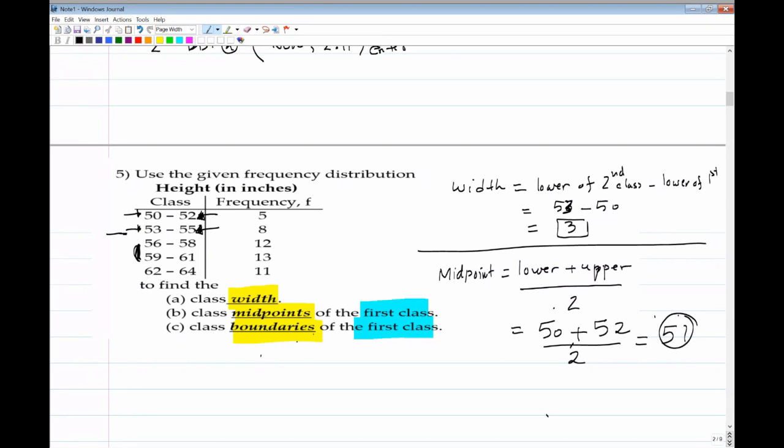Now, we look at the boundary. What's the boundary? How can we find the boundary? The boundaries, usually we add and subtract 0.5.